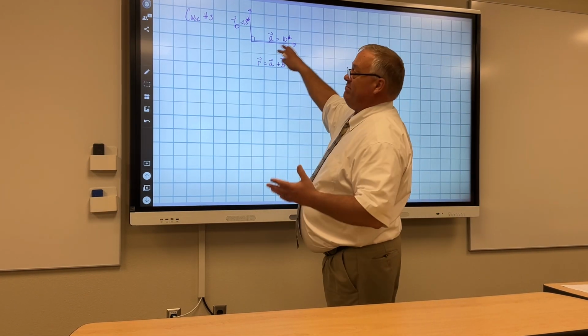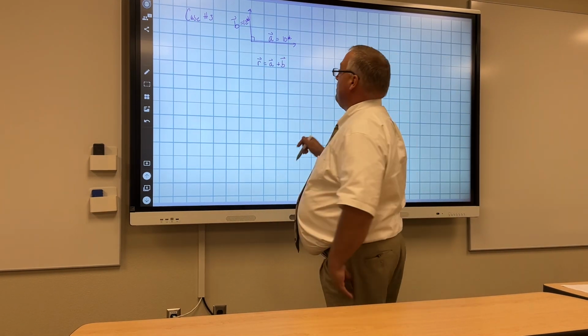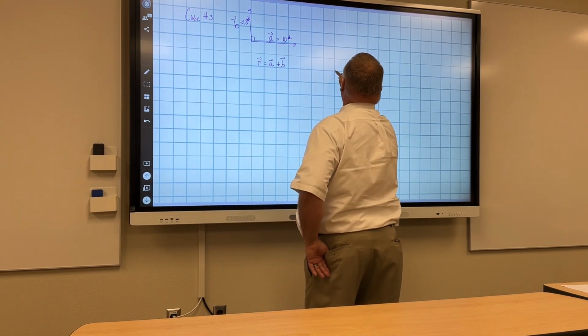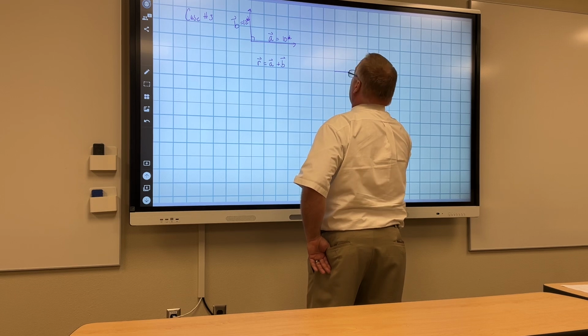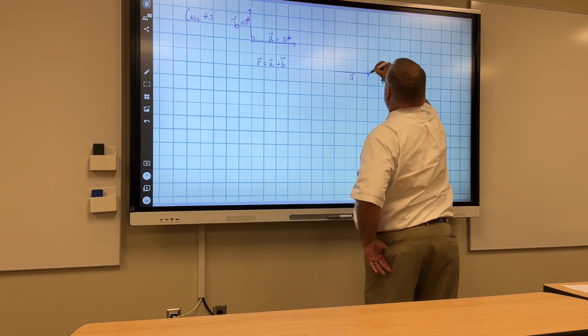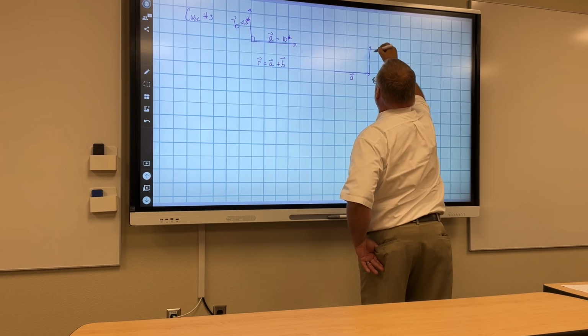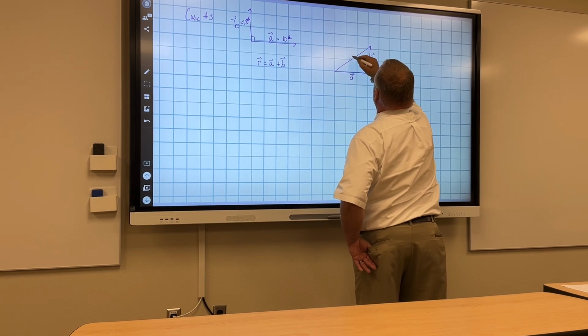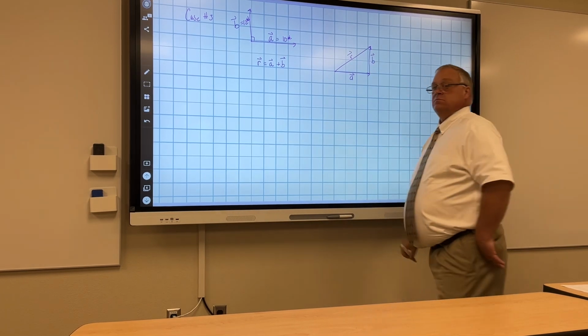We can't just draw a resultant vector. We've got to move over here. There's vector A, and then we move vector B to the end. This is vector B, so that we get a resultant vector R.